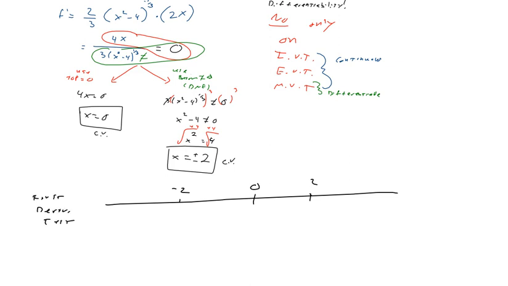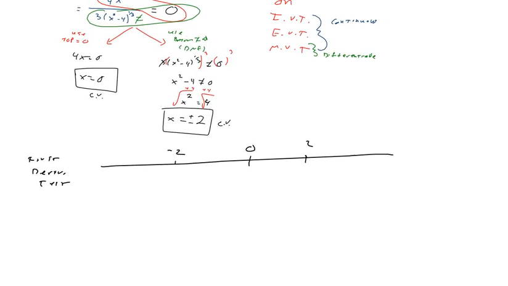F prime was equal to 4x over 3x squared minus 4 to the 1/3 power. Okay, got to deal with that. That's going to be a fun equation to plug into.